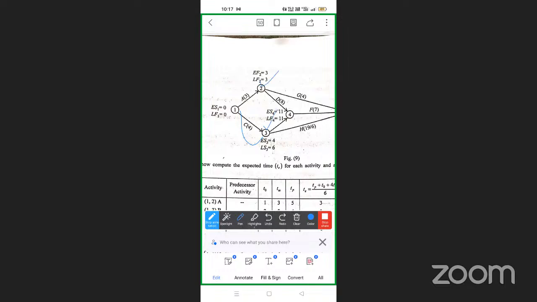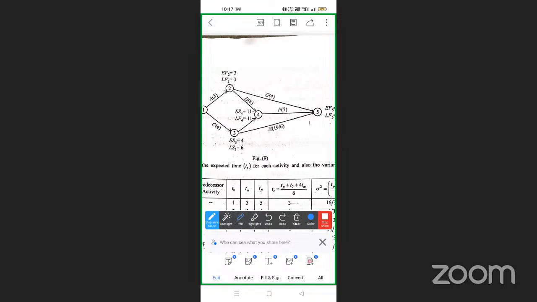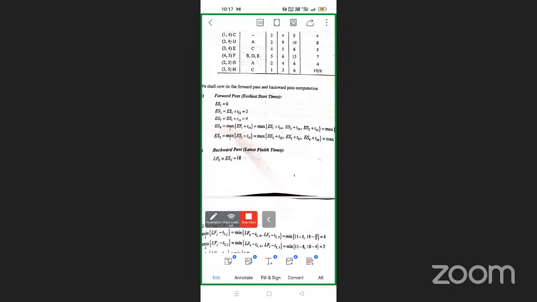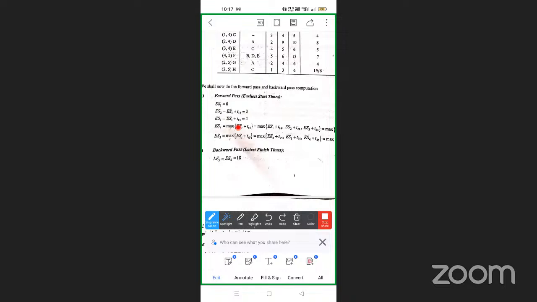Next, the fifth node is connected to three different nodes: the second node, the fourth node and the third node. In these three nodes we can take the maximum. ES3 is equal to ES1 plus T(1,3), which is 4.